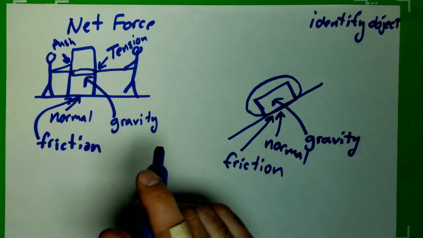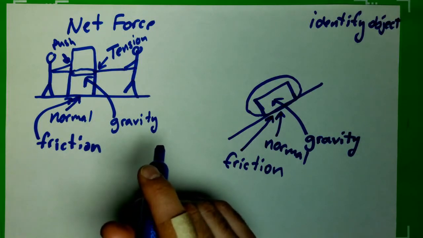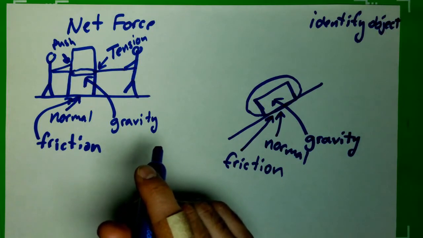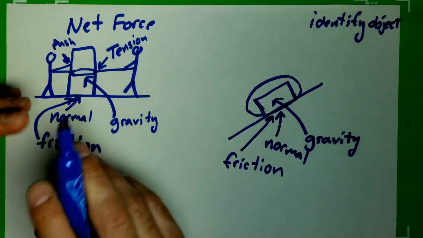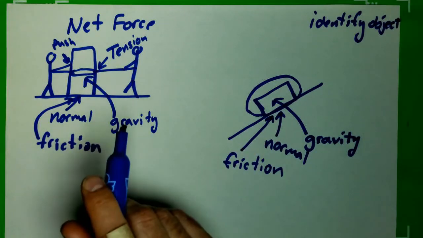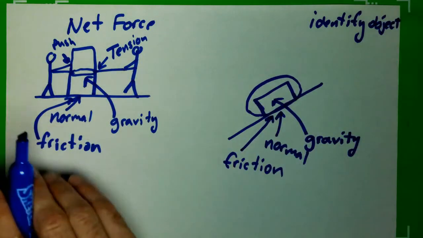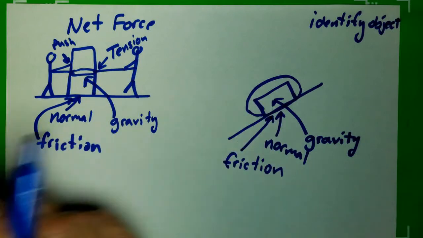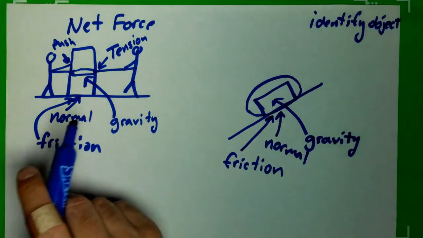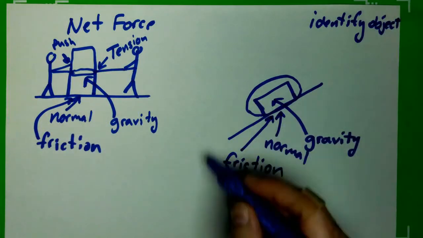Now, we will get to the point where we can include air drag and see its effect on a jet trying to speed up or something like that, where the air drag is calculable. We can calculate it. But we will focus a lot on situations where air drag is negligible. In the case of this book, there's no air drag because it's not moving. Okay, so that is now complete.